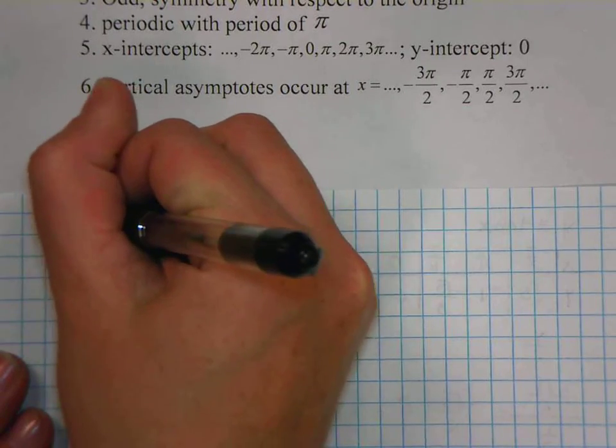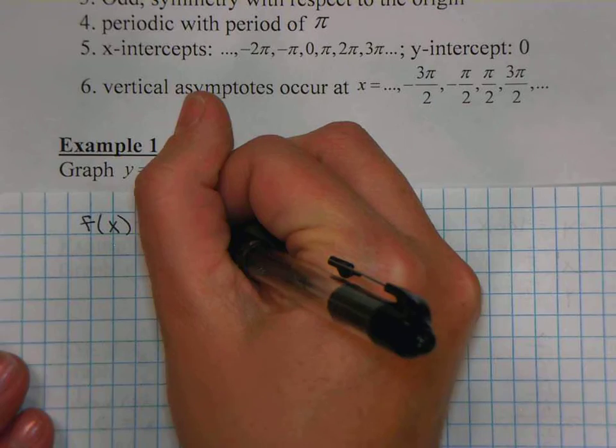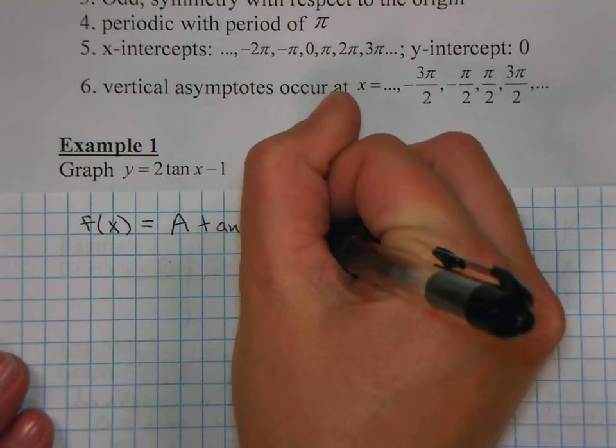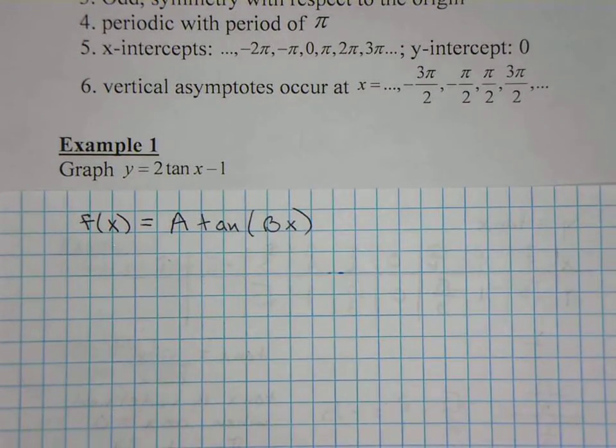If I have a function f of x equals A times the tangent of Bx, A would be similar to the idea of an amplitude of a sine or cosine function, but we really don't say that tangent has an amplitude because it doesn't have this rise and fall like a sine and cosine graph does.